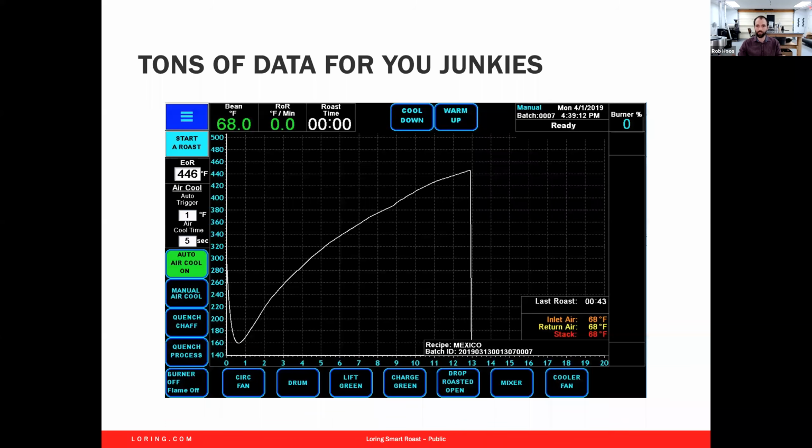By monitoring things like your incoming air temperature, your outgoing air temperature, your bean temperature, and being able to visualize things like rate of rise or see it calculated for you on the screen, all of these things are going to help you steer your roasts in the direction that you want them to go. If you're worried about overdevelopment or underdevelopment, or over or under roasting, we have so much information now available to help you avoid those things.